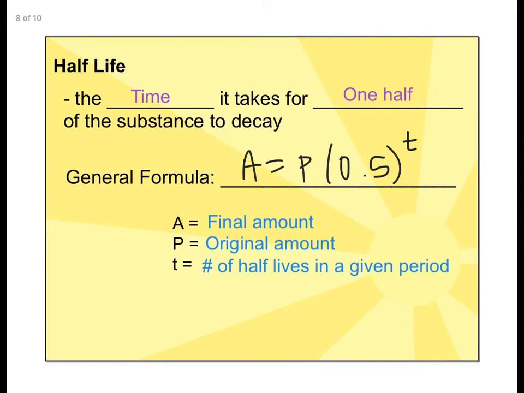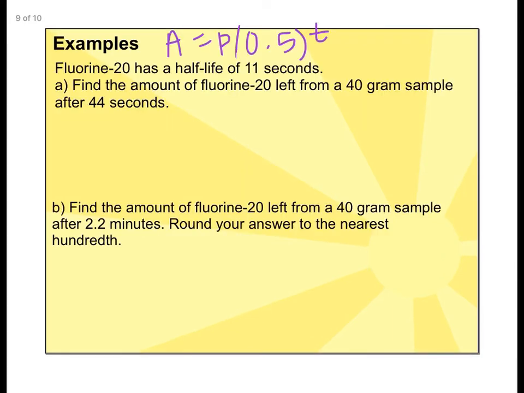With half-life, this is always going to be 0.5 because we're doing half-life, and half is 0.5. So A is your final amount, P is your original amount, and T, this is the one kids tend to forget, is the number of half-lives in a given period. So we're going to look at a couple examples to see how this works.